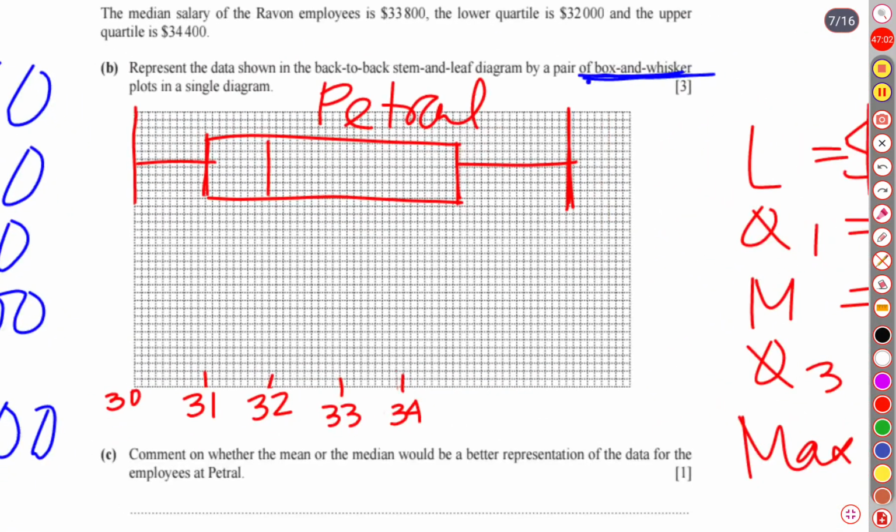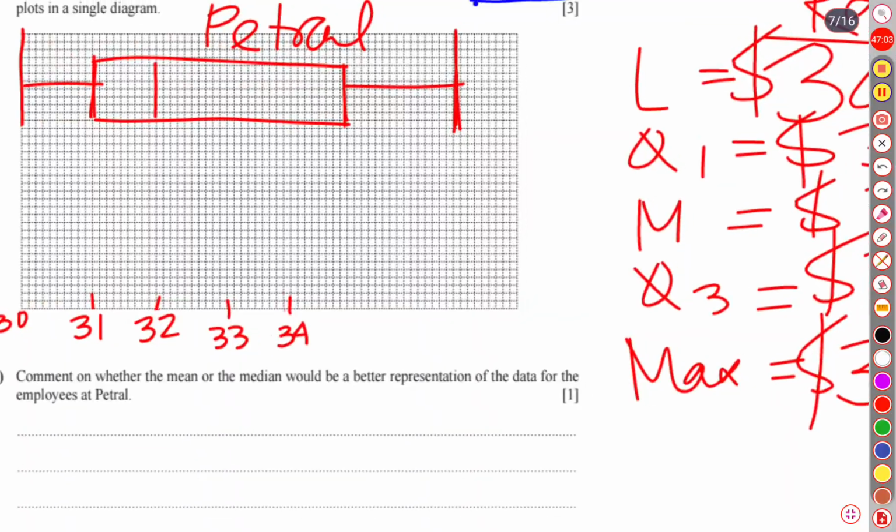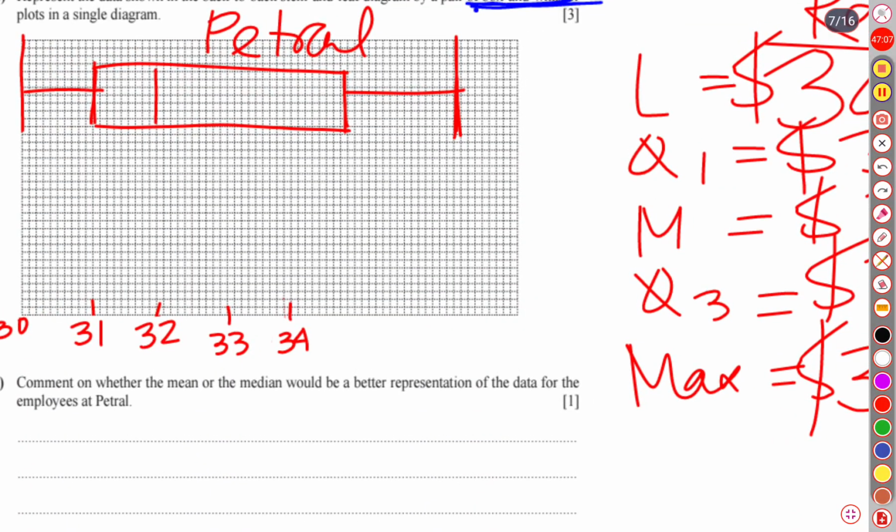Okay, for Raven maximum is what? 369. So as this is 368, so 34 here, 35 and 36. 35 is over here and 36 is going to be over here. So 36.9 is going to be just over here.